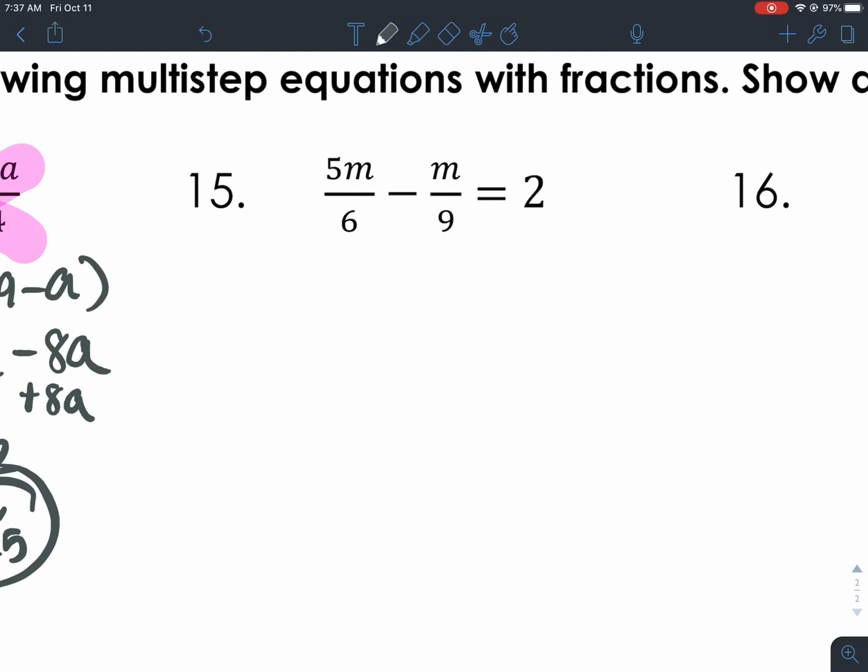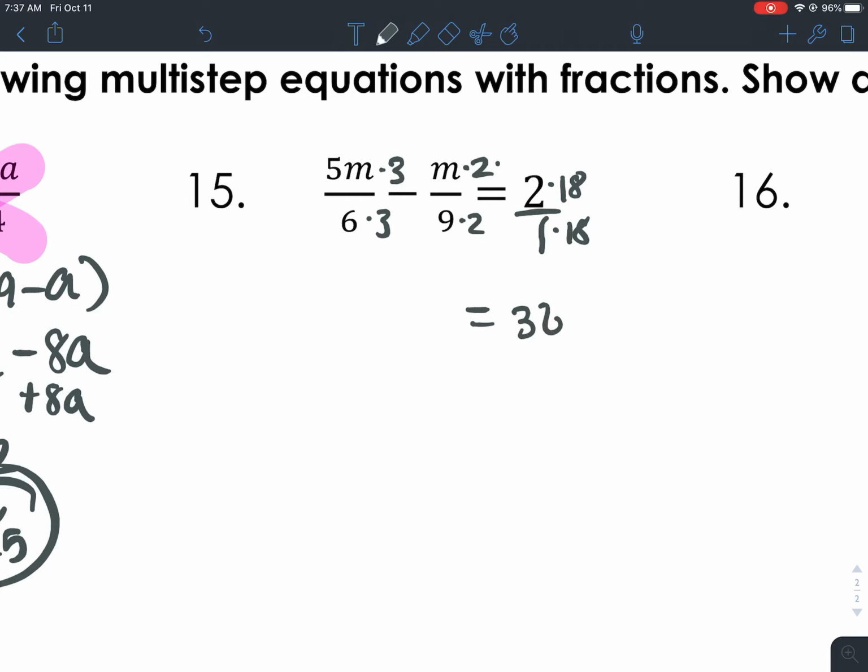All right, for this one, I'm actually going to get rid of all of the fractions by making all of the denominators the same. So if I can get 6, 9, and 1, right? I can multiply this by 3, multiply this by 2, and multiply this by 18.